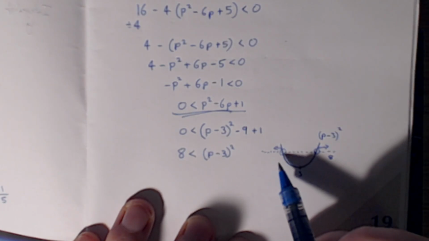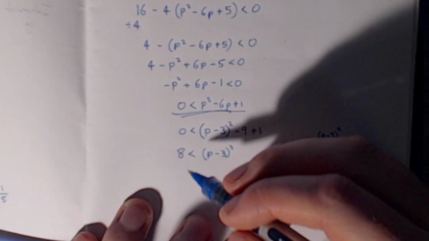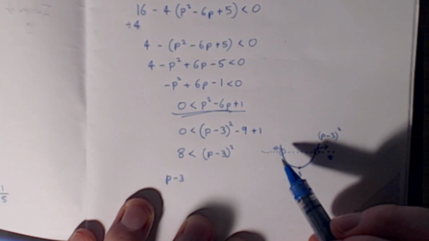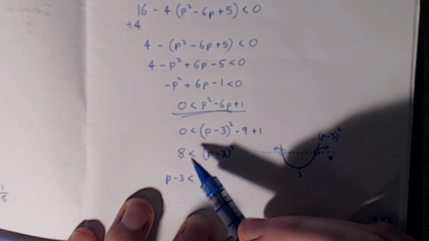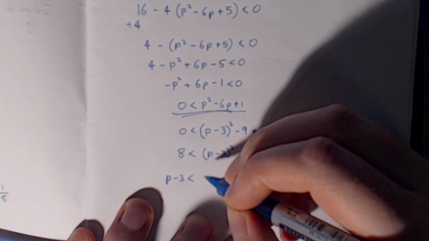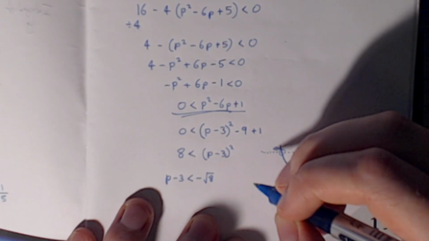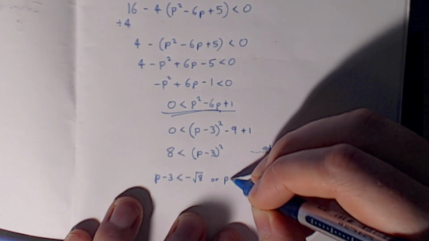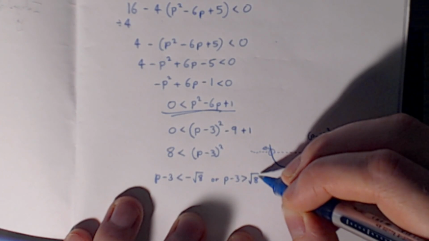So we sketched out our quadratic, looked at the two sides, and we're going to say the square root of this will tell us that p take 3 is either going to be less than, this is the negative side of the square root. Remember, the square root has a positive side and a negative side. So it's going to be negative root 8, or p minus 3 is going to be greater than the positive square root of 8.